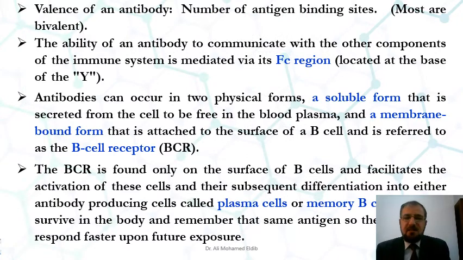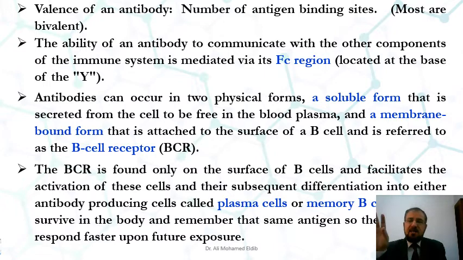Valence of an antibody means the number of antigen binding sites of this antibody. Most antibodies are bivalent because most of them are monomers. A monomer antibody is Y-shaped, containing two antigen binding sites, bivalent. But for example, the IgM contains 5 monomers, a pentamer.